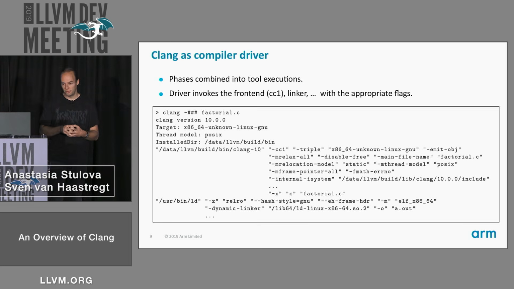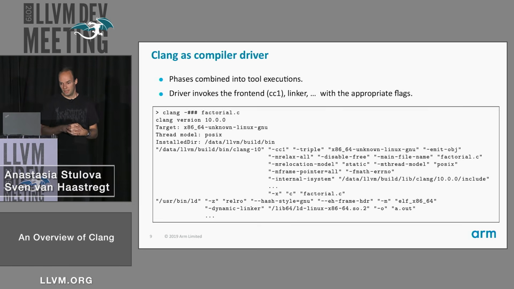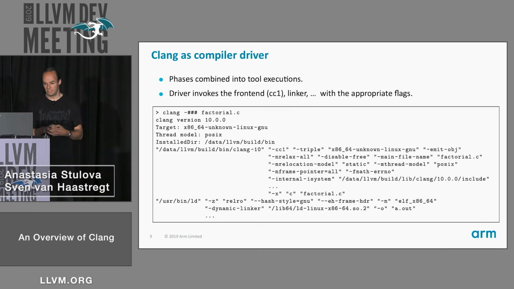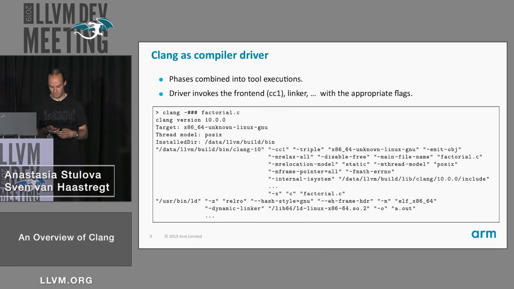Then it's passing a triple, which it deduces from your current host system and what it was built for, and so on. It's passing some include paths. And this is only a fraction of the options it's actually passing. The other tool it executes is the linker, ld, at the bottom. And again, it's passing a whole lot of different options to the linker to make sure that it does what you expect it to do.